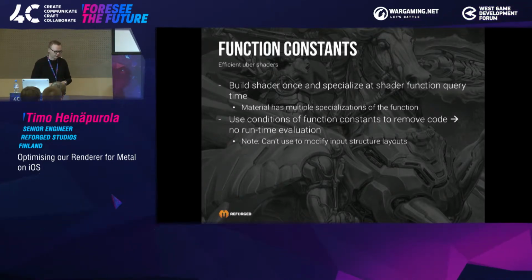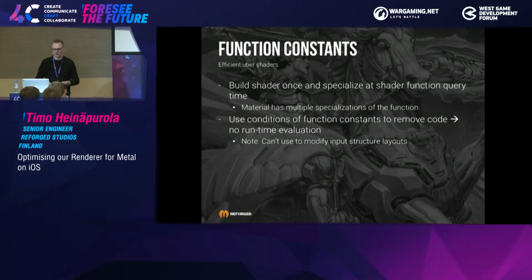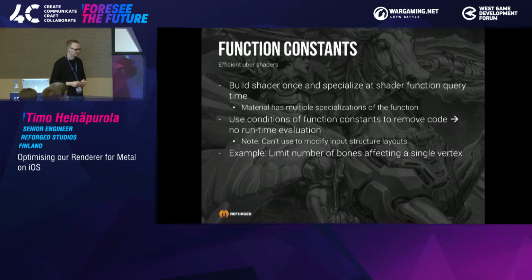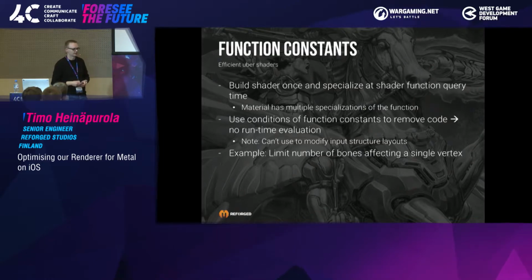But do note that you cannot change the input layouts of structures, or layouts of structures that you use to access constant data, using a function constant. One example that we do is we limit the number of bones affecting a single vertex using a function constant, and that's a per material property.